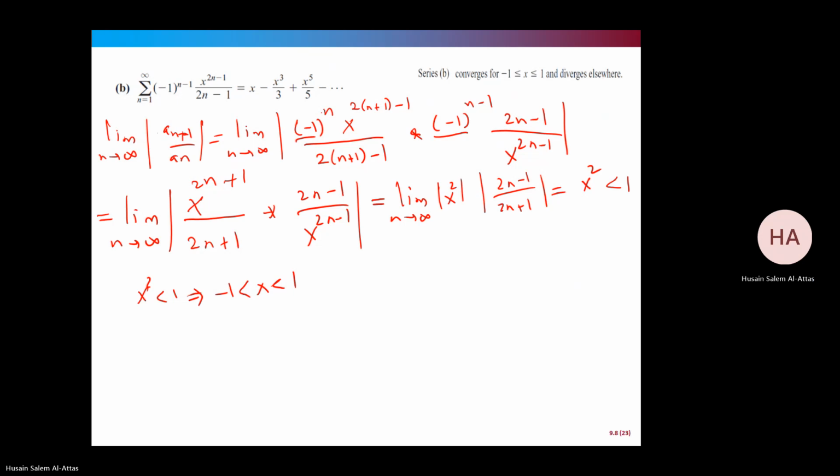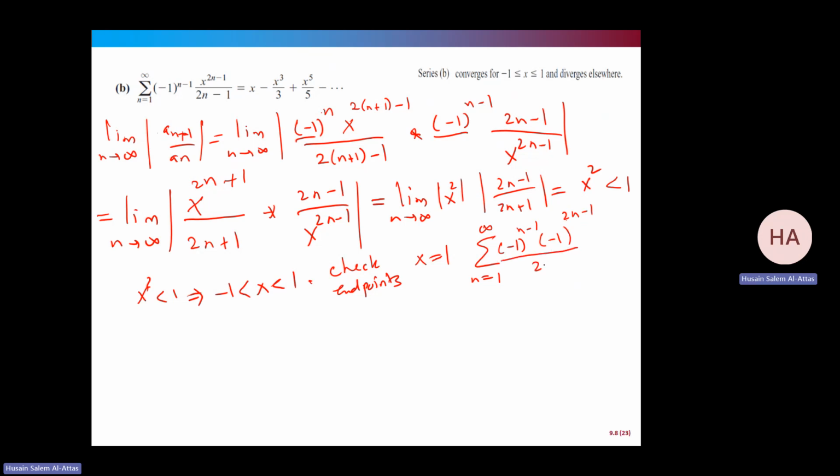Now let me check endpoints. What I have. If x equal 1, that will be the summation n equal 1 to infinity of minus 1 to the power n minus 1, x to the power 2n minus 1 over 2n minus 1.